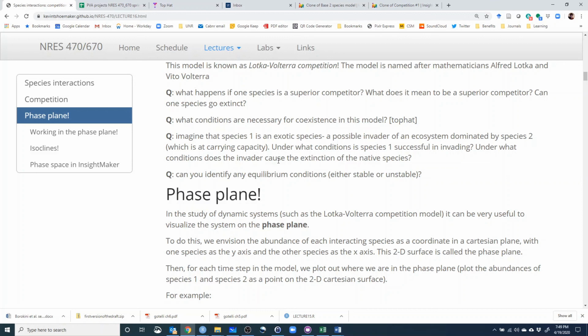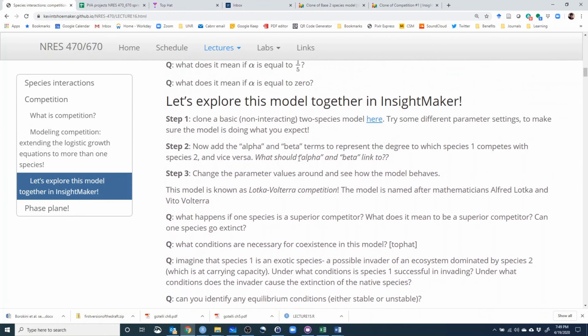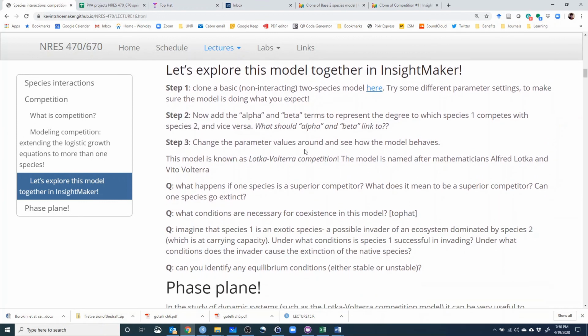Does it return to the equilibrium? That's a stable equilibrium. Or does it go to a different state? That's an unstable equilibrium. All right. So take a few minutes to play around with this Insight Maker model that represents a Lotka-Volterra competition model, and then we will come back and talk about some more math.